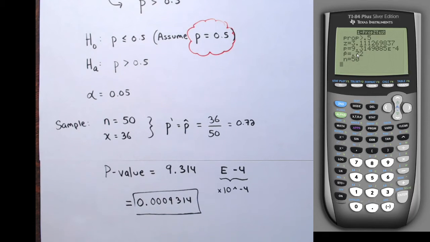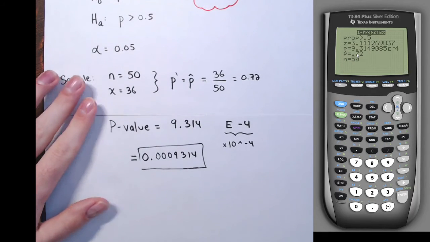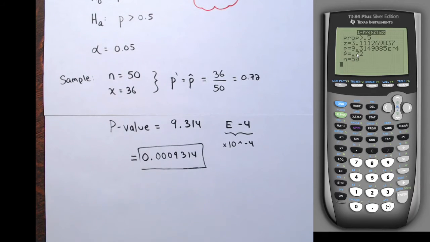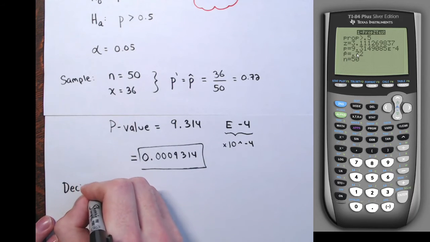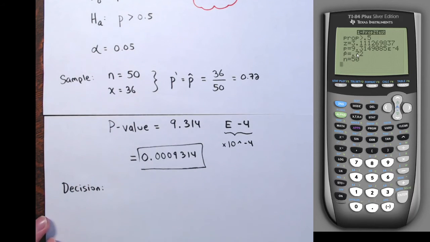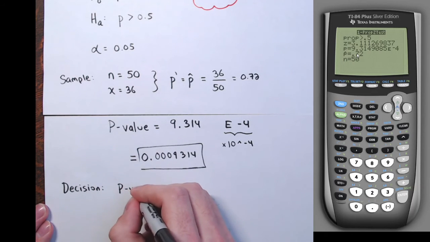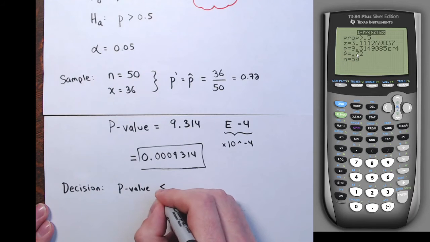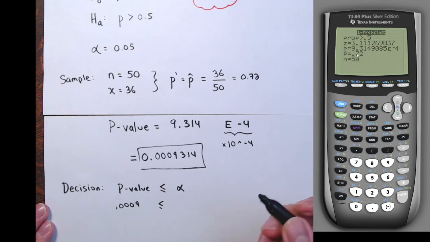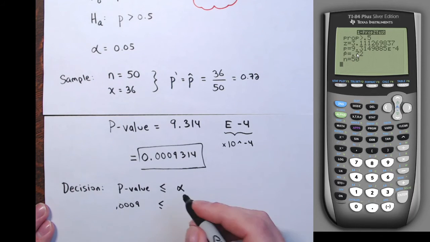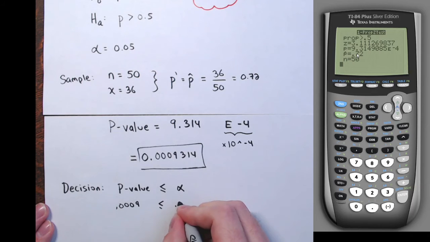And then what do we do with this? Remember, what you do with the p-value is you compare it to alpha to make a decision about the null hypothesis. Do you reject the null hypothesis or not? Now this p-value is definitely less than or equal to alpha. 0.0009 is definitely less than or equal to 0.05.